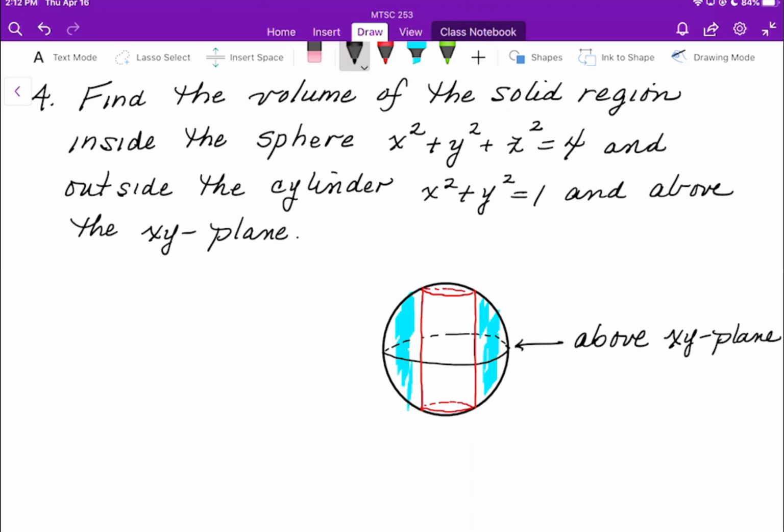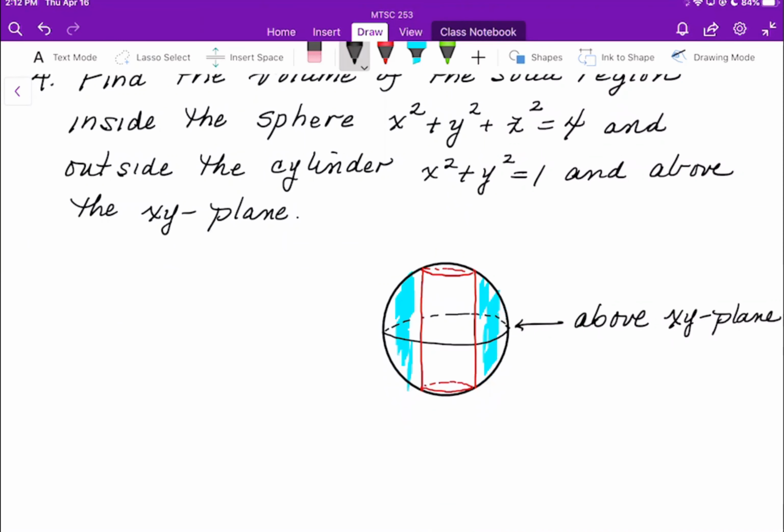Okay, now if we look at this, what does this look like in the xy plane? What's our region R? It's not too difficult.